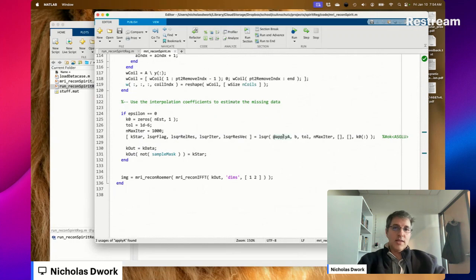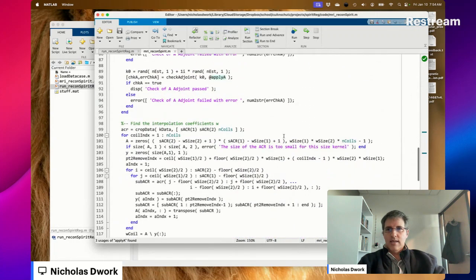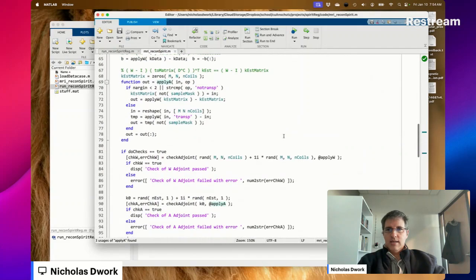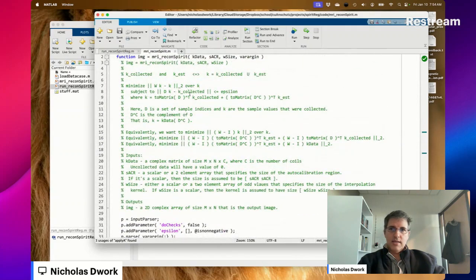I don't think we have to change apply A, because it's just W minus I. The objective function is the same, right? So I don't think we have to change apply A. I don't think we have to change B.